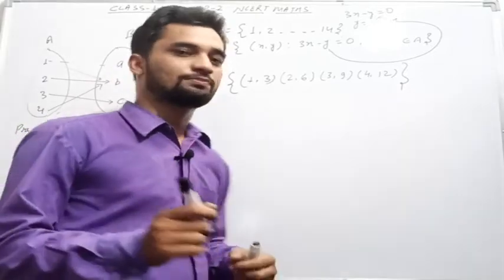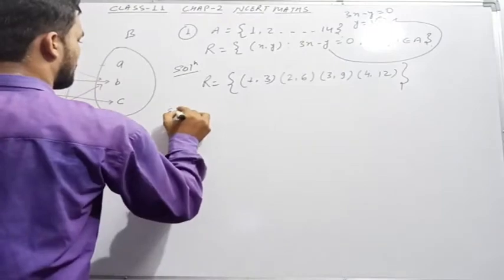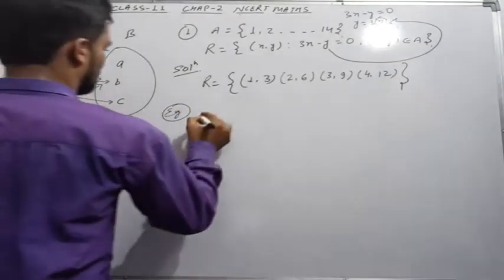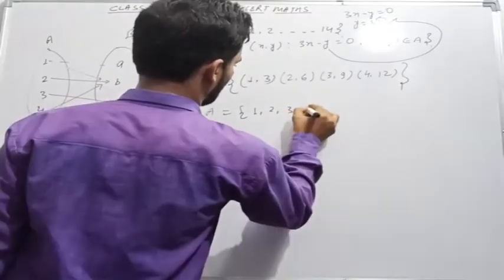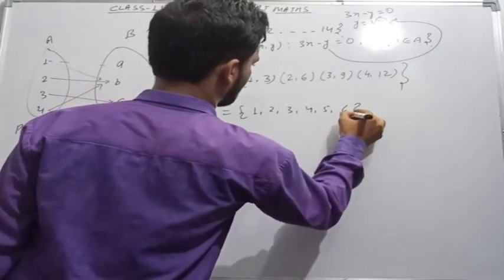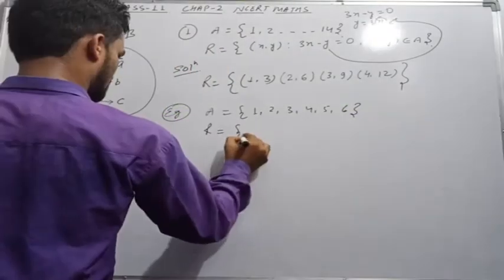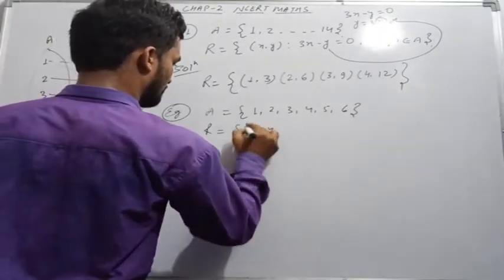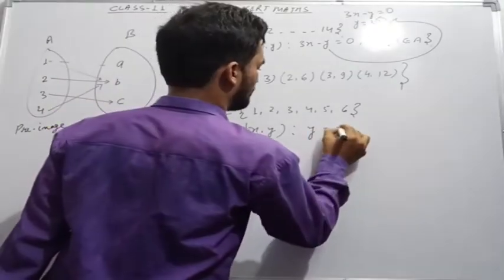Now one more example we are taking. Suppose it is given, next example: set A equal to 1, 2, 3, 4, 5, 6, and R is given as (x, y) such that y equal to x plus 1.